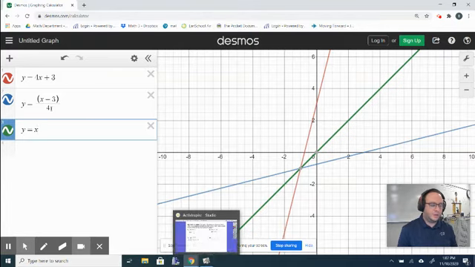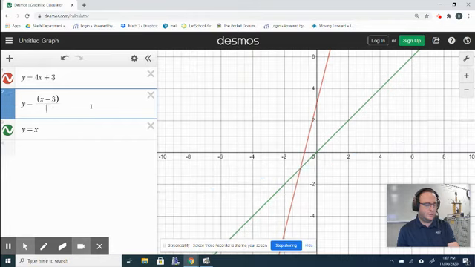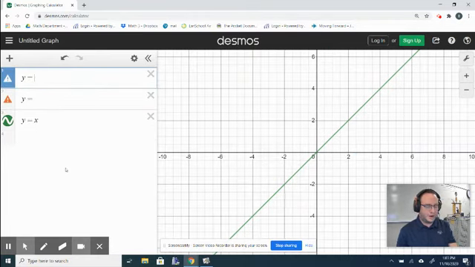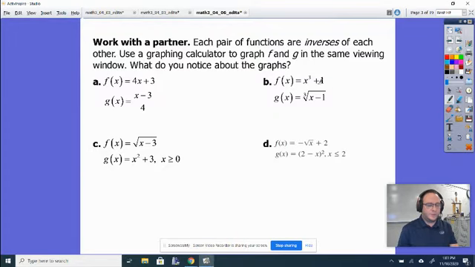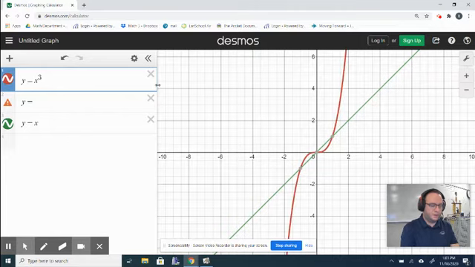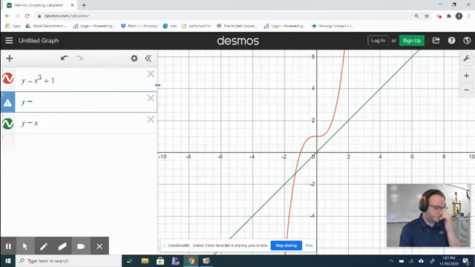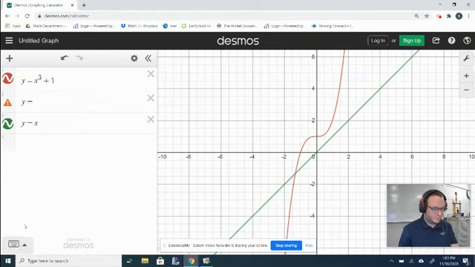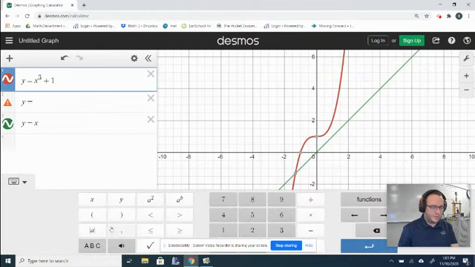So looking at a couple more, again, we're going to look at them over the y equals x. So for this one, x cubed plus 1. And for this one, we're going to do the cube root. So remember for cube root, we want to come down here.